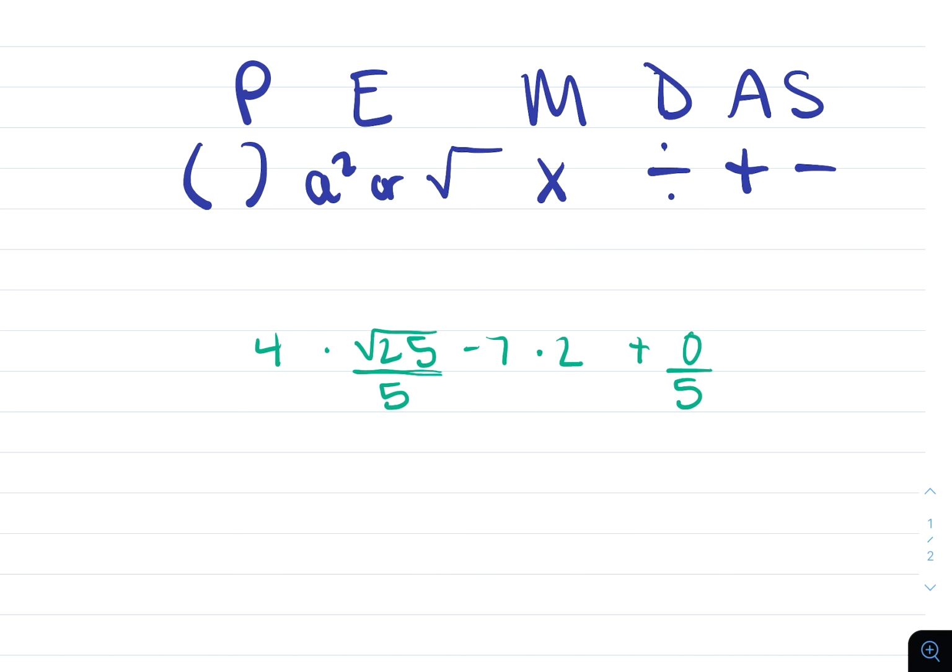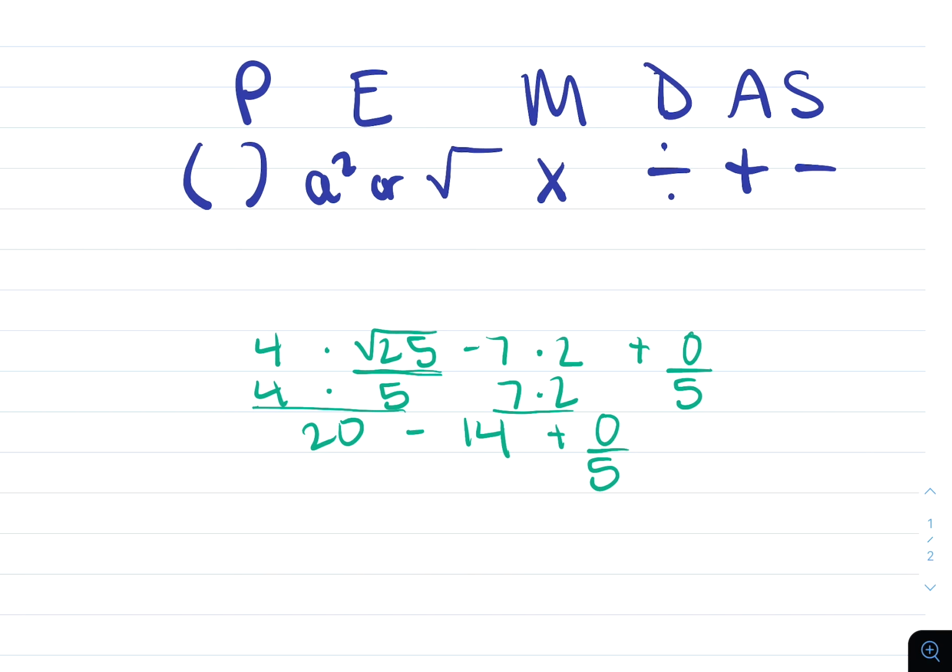And then we can look at multiplication next. So we have 4 times 5, and then we have 7 times 2. So let's do this one first. So 4 times 5 is 20. Let's bring down that subtraction, and then we can do 7 times 2 for 14, and then we have 0 over 5.